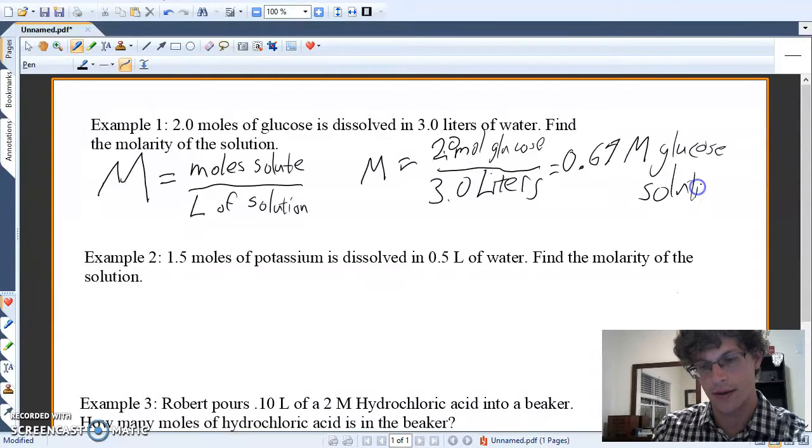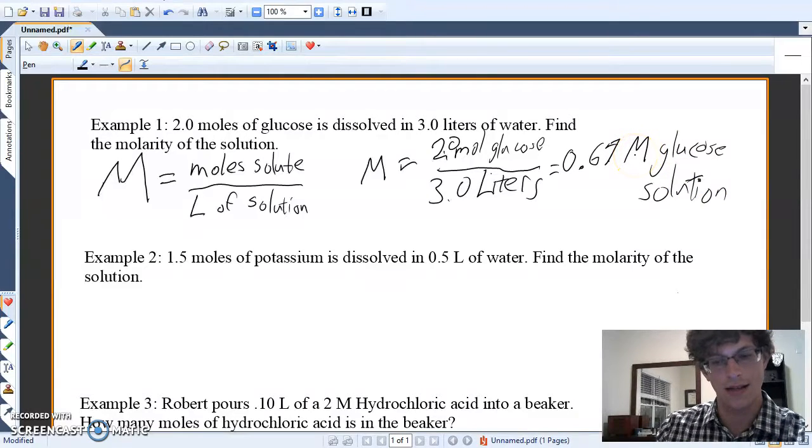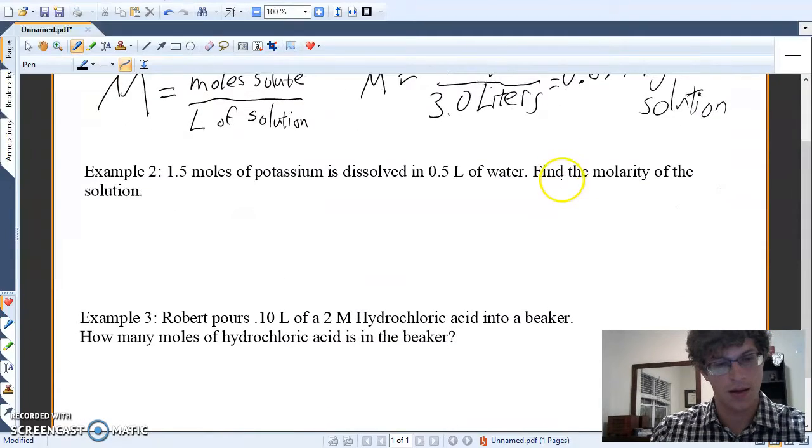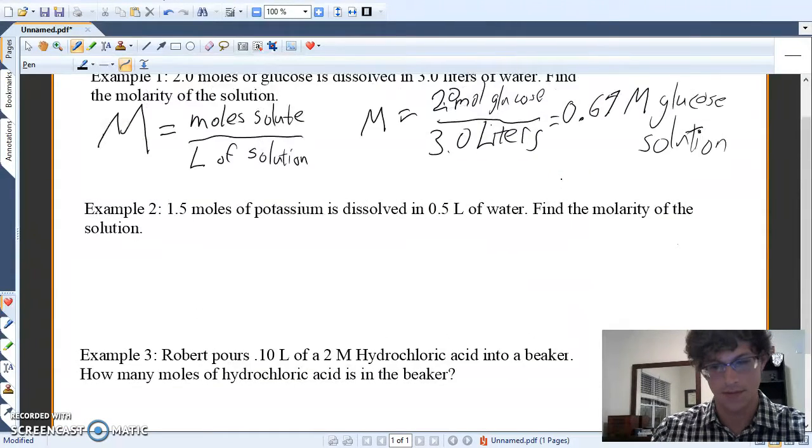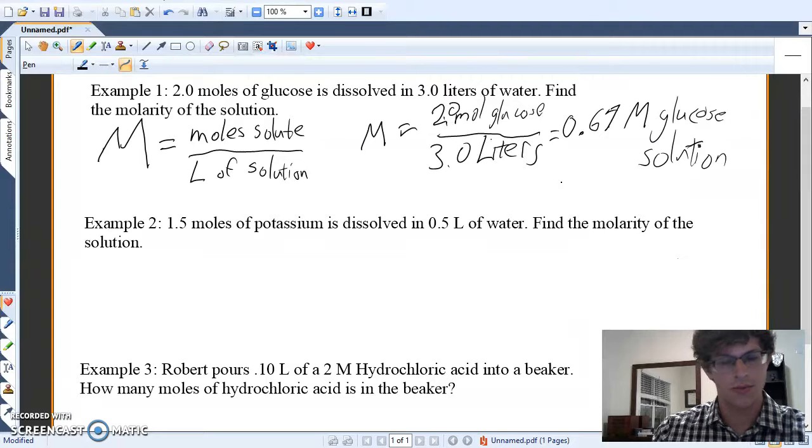So that is how scientists use molarity in speaking terms. 0.67 molar glucose solution. Next we have example 2. 1.5 moles of potassium is dissolved in half a liter of water. Find the molarity of this solution.